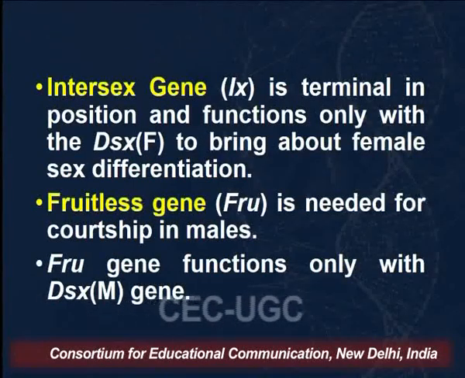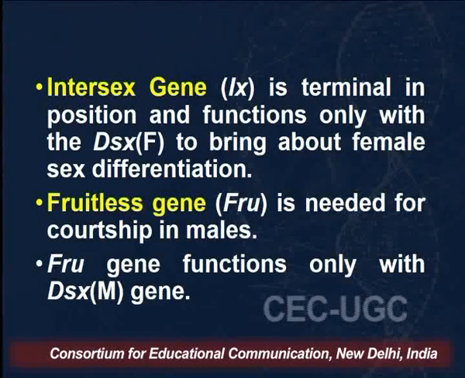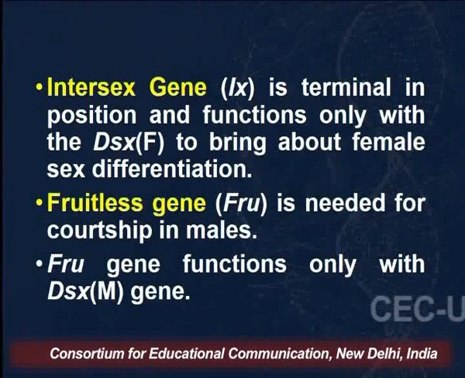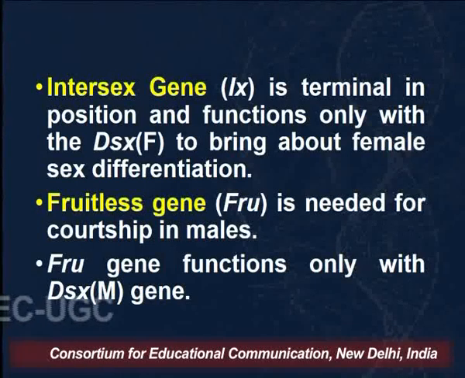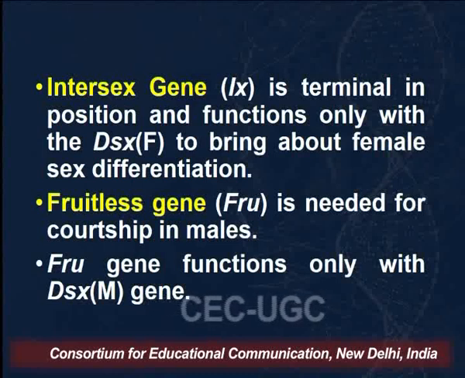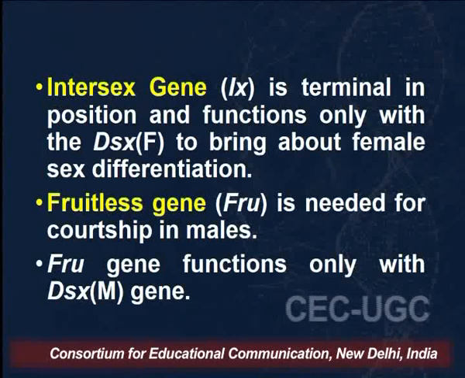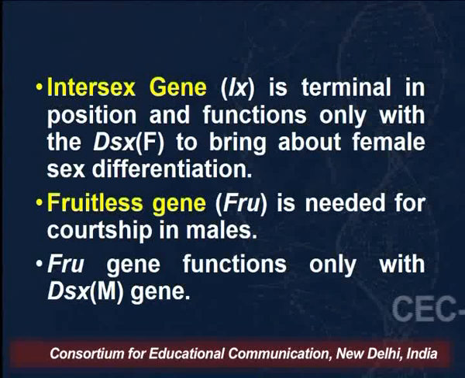There is another gene which is called the intersex gene. It is terminal in position and it will bring about female sex differentiation only along with the DSXF. And finally, a fruitless gene which is needed for courtship in males.